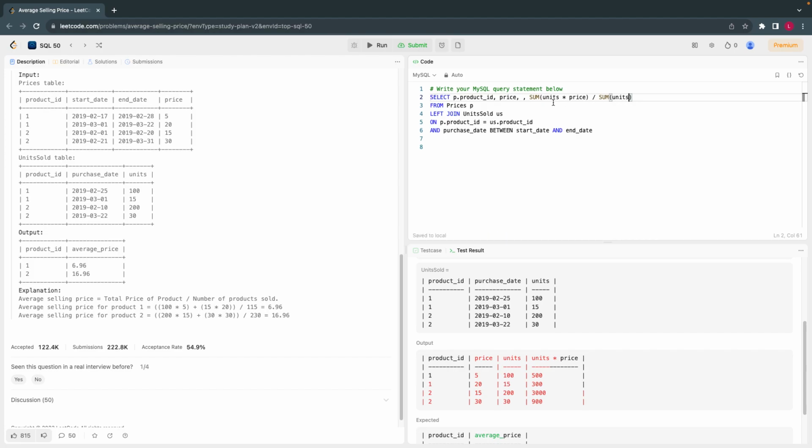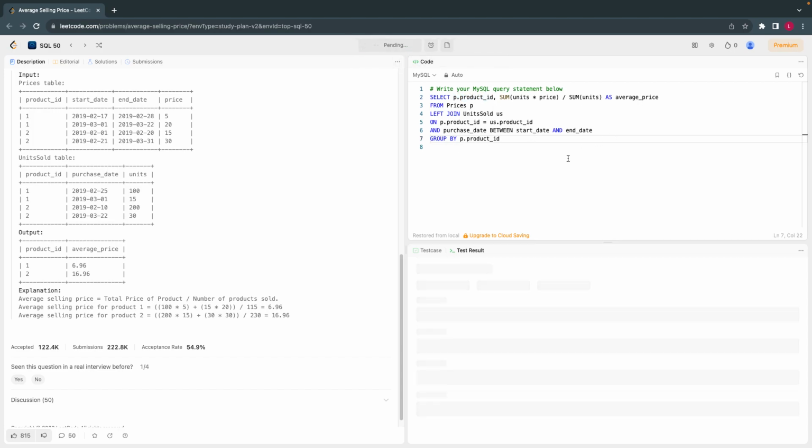So I select product ID, and this as average sell price. Because I'm summing up, I need it for each product, so I do a group by. Whenever I want something for each product, I'll do group by.